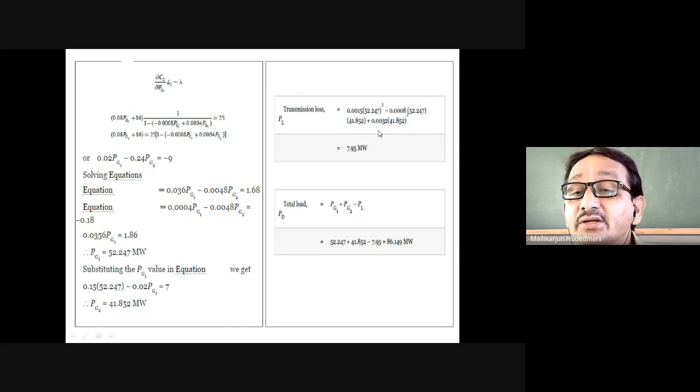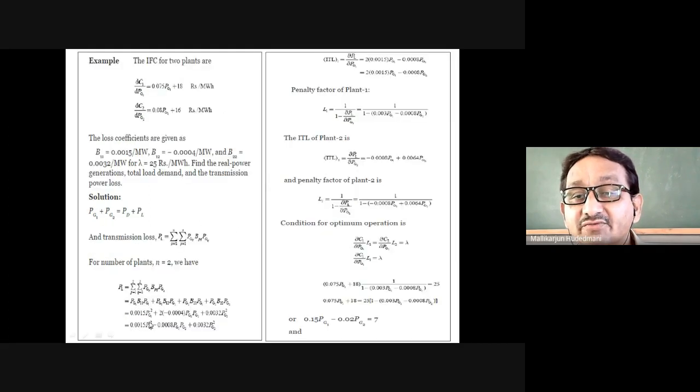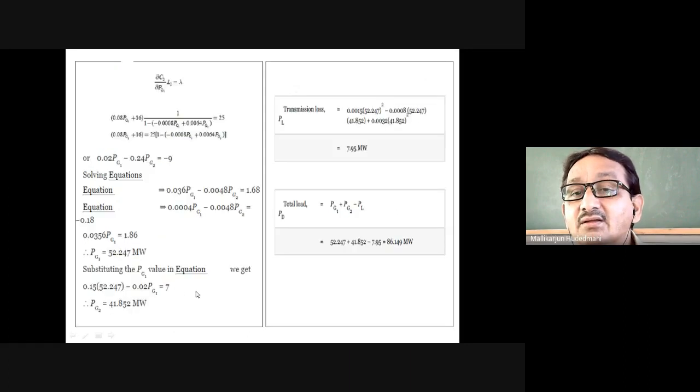What was the equation? B11 PG1 square, plus B22 PG2 square, plus 2 times B12 PG1 PG2, whichever equation we referred to at the footer of this page. In this, I will substitute PG1 and PG2 respectively and get the value of PL.